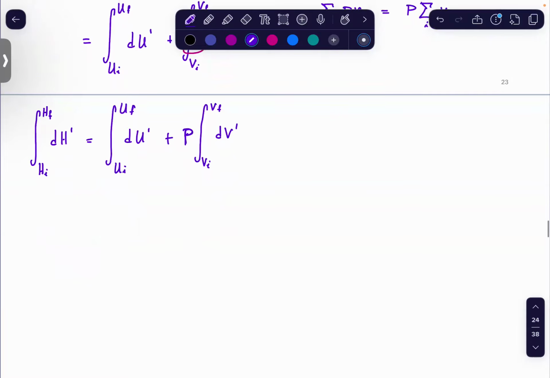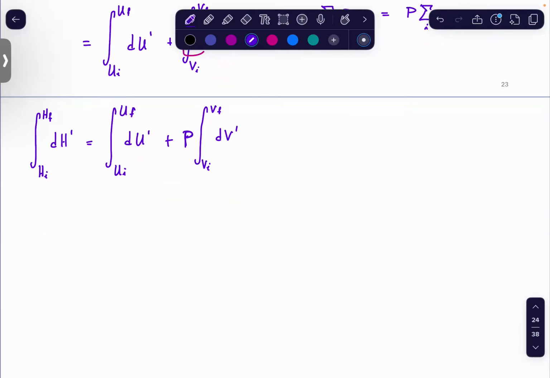And now I can solve everything. They're all integrals of differentials, which means I'm just going to get back what's inside the differential.